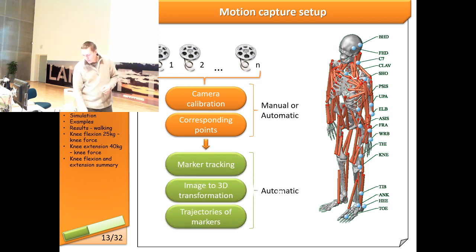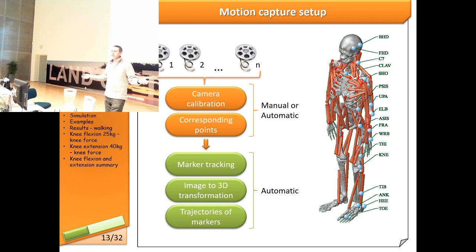Now, after you have these correspondence point assignments, you have to actually keep tracking. So you have to first get where the markers are, and usually you start with the T-pose like this, because that's a very simple pose for the human to distinguish where the hands are, where the legs are, and how they are oriented.